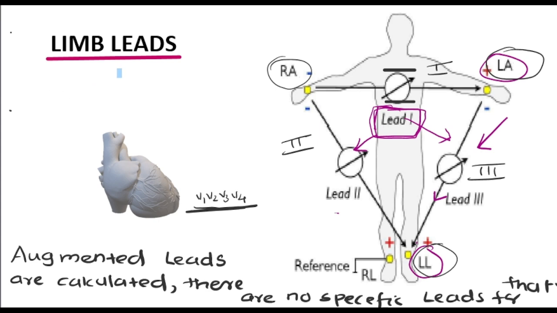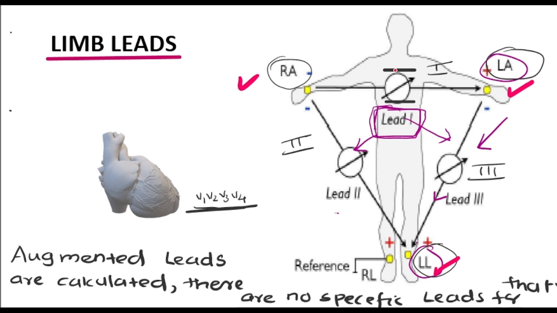As I mentioned, the limb leads are formed by connecting electrodes on the right hand, left hand, and left foot. By connecting these we are creating a triangle, Einthoven's triangle, but we don't need those electrophysiological aspects. Just remember we are creating three leads.